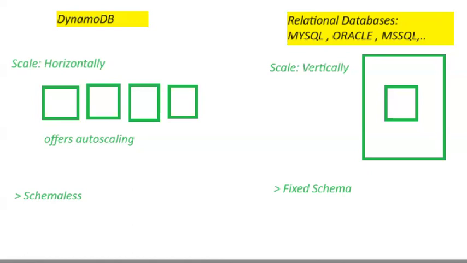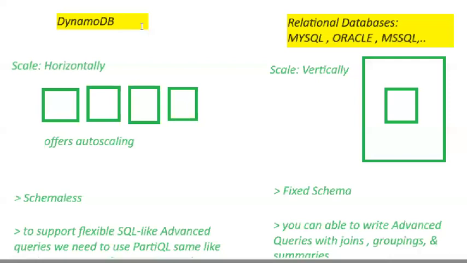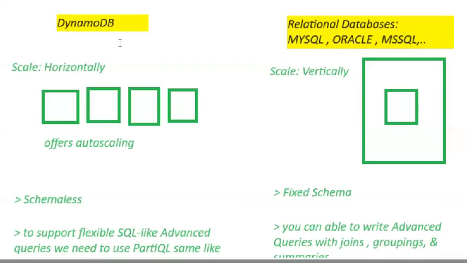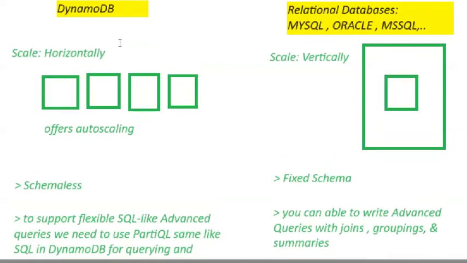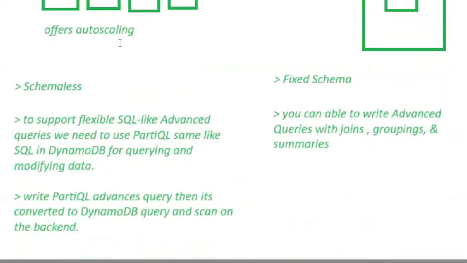Coming to DynamoDB, we do not have such flexibility directly, but we can get such a flexible option by using PartiQL. Under DynamoDB, you can query and modify your data by using PartiQL. It is the same as SQL.